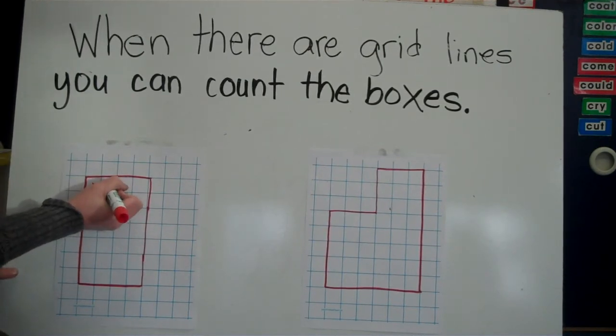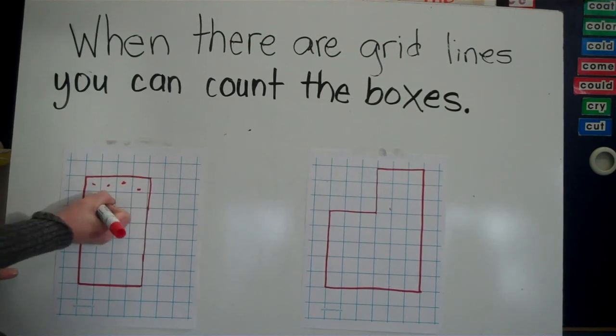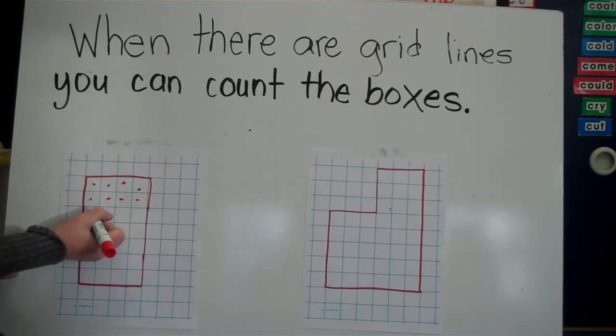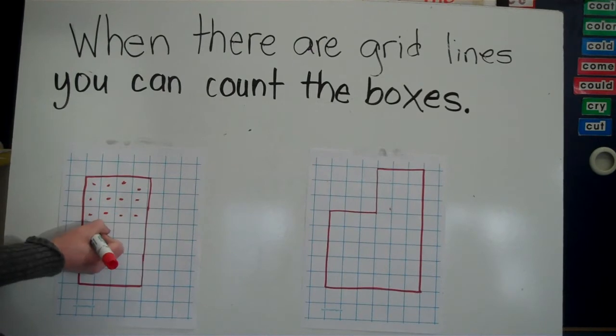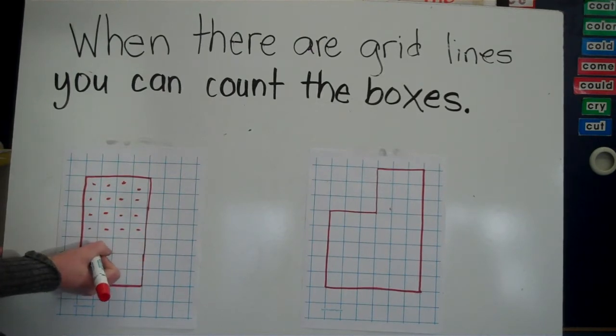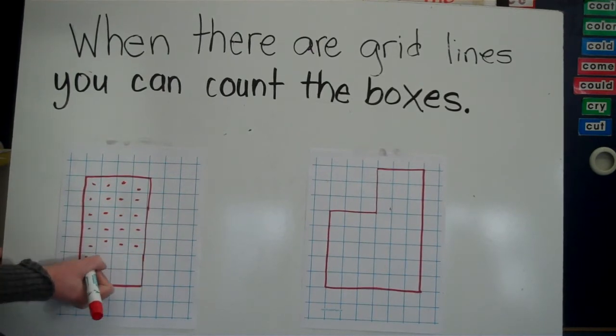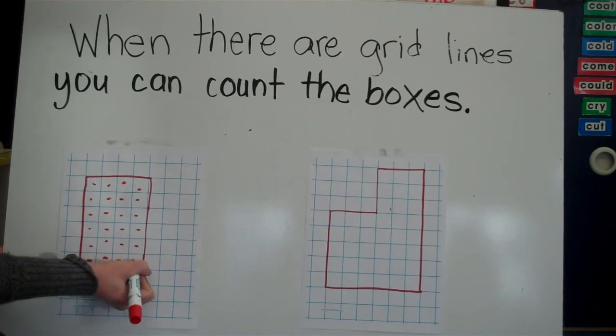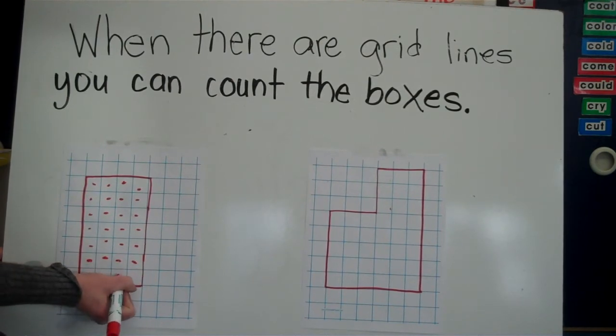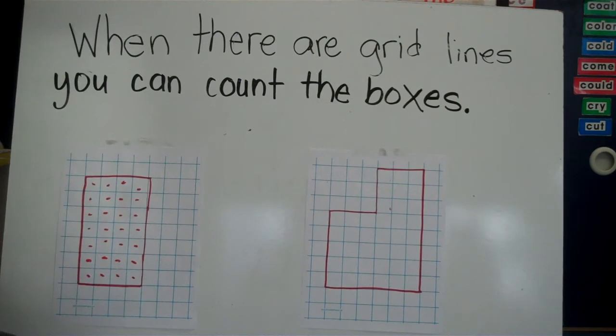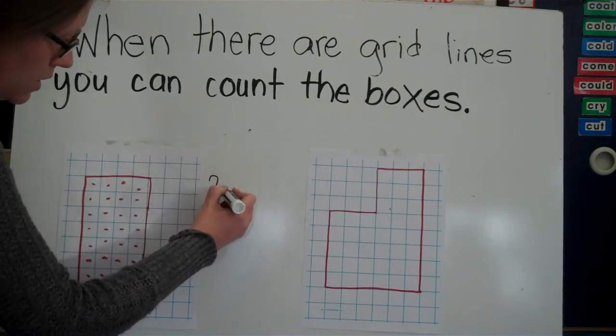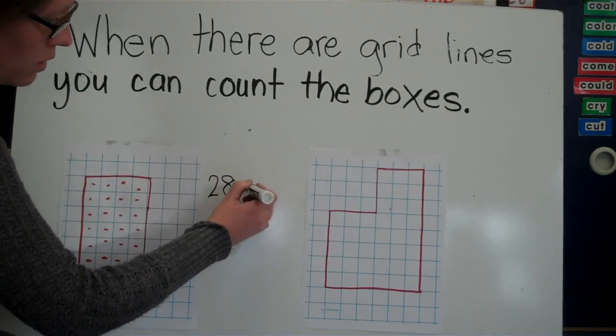1, 2, 3, 4, 5, 6, 7, 8, 9, 10, 11, 12, 13, 14, 15, 16, 17, 18, 19, 20, 21, 22, 23, 24, 25, 26, 27, 28. So my area of this shape is 28.